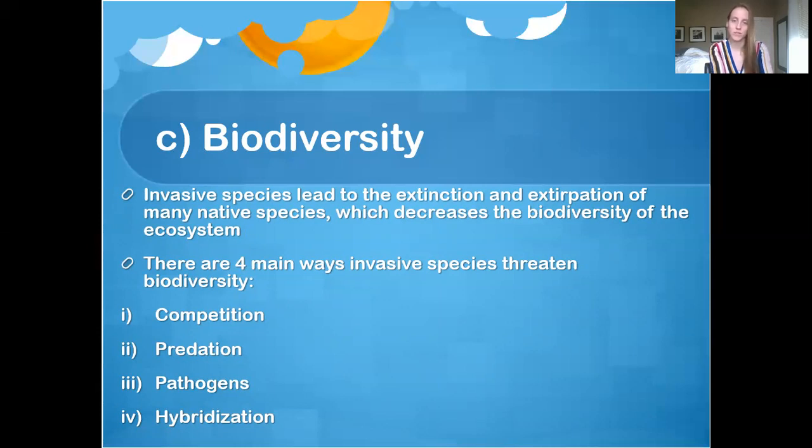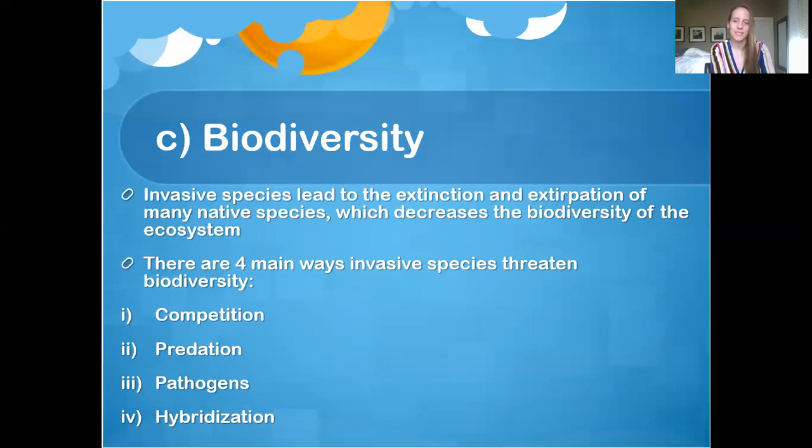And then as soon as you start losing species from your ecosystem, that results in a loss of biodiversity. Just so you know, to define some of these terms, extinction refers to when a species dies off and no longer exists on Earth. Extirpation means that that species dies off in that area, but they might still exist somewhere else on the planet.